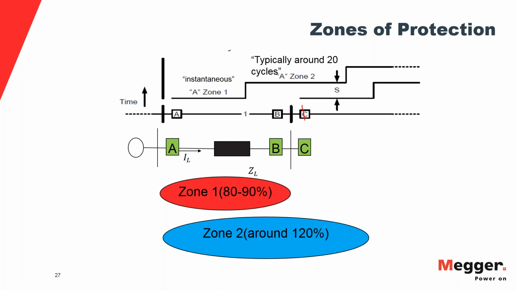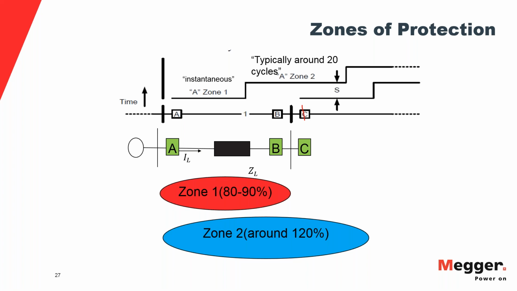And remember that you don't only have errors in the measurements that you're doing, you also have errors in the assumptions that you are making about the line, because the line impedances themselves could be erroneous, not by much, but they could be erroneous, and they could change over time. So a 10 to 20% safety factor is good.